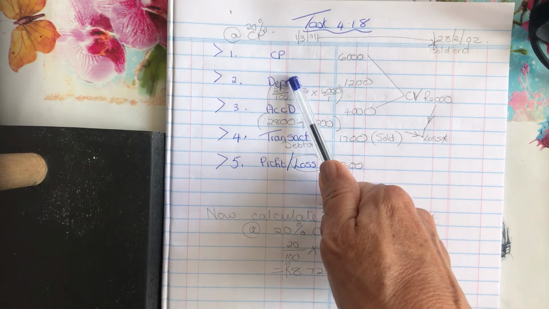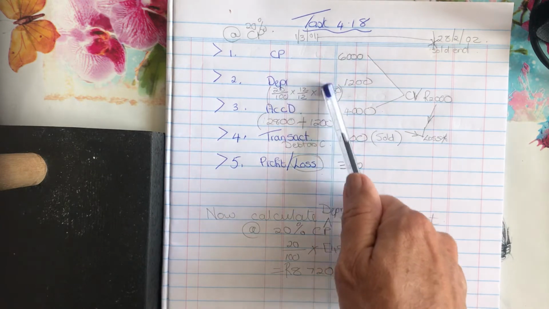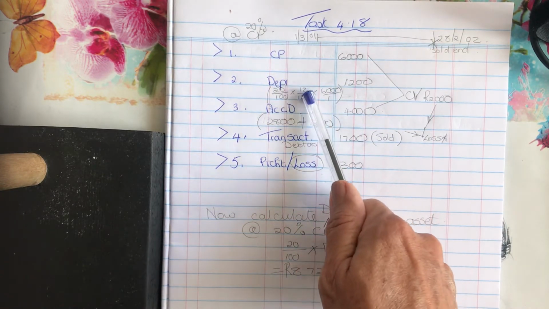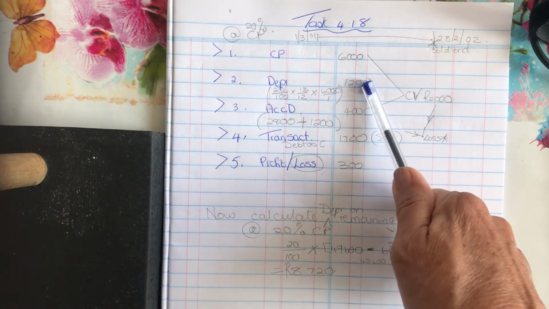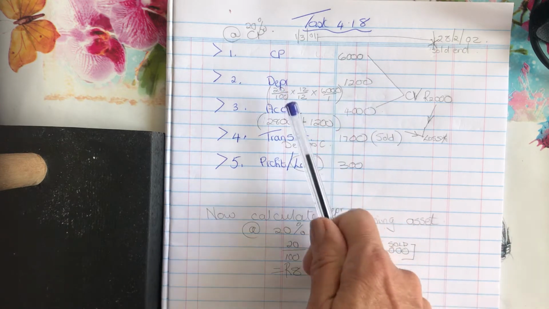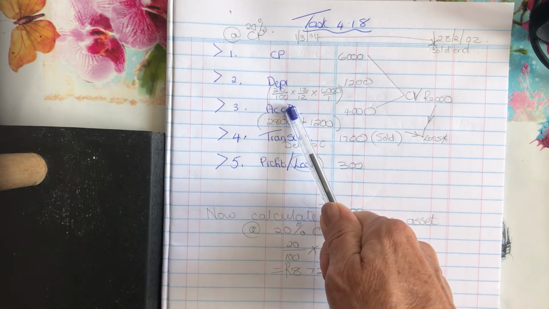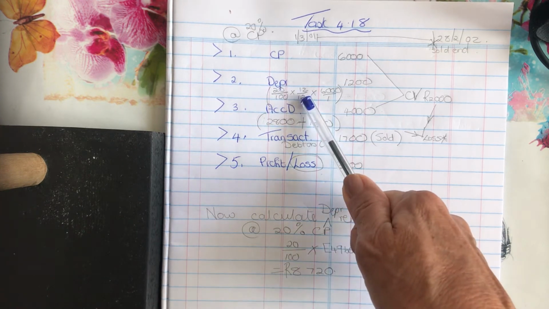Calculate the depreciation for this year. So now you have to work it out for the whole year. That's why I put 12 over 12 years, so that you get into the habit of putting months there. That's the depreciation for this year. Step 3, take accumulated depreciation to asset disposal. The total accumulated depreciation. How do we work that out?